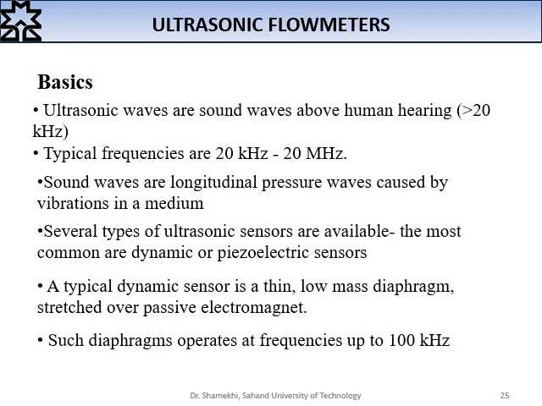Ultrasonic flow measurement is another type of flow measurement method. In this slide, we have some basic information about ultrasound. Ultrasonic waves are mechanical sound waves above human hearing, larger than 20 kilohertz.